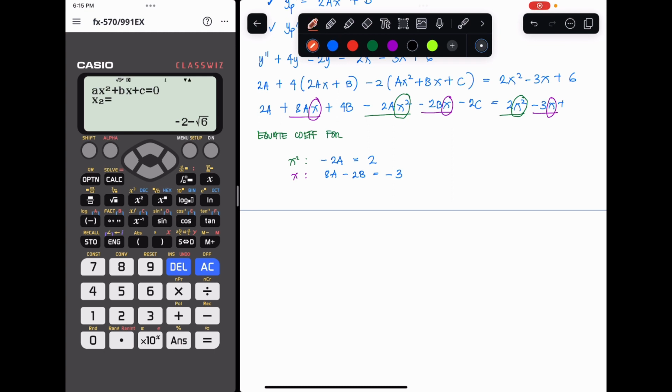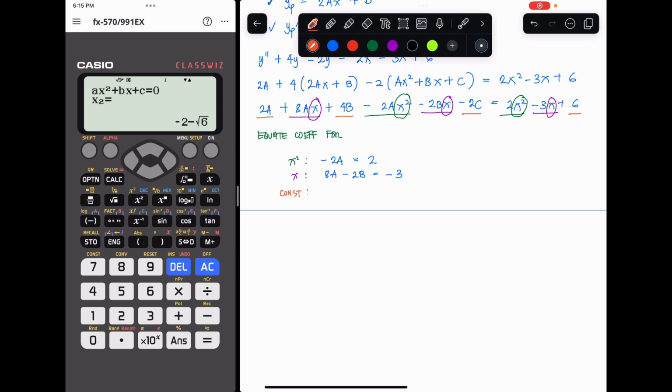And lastly, all the terms that involve constants. So what are all of those? We have this one, so this is constant: 2a, 4b, 2c. And then we have the plus 6 here.